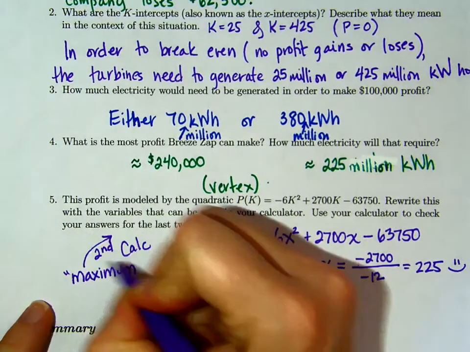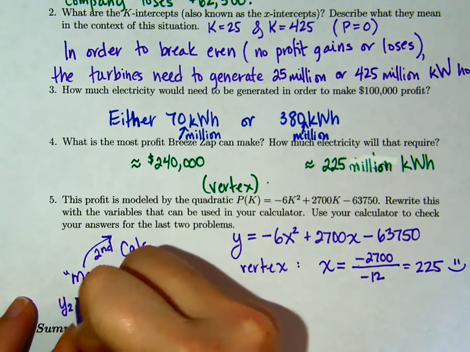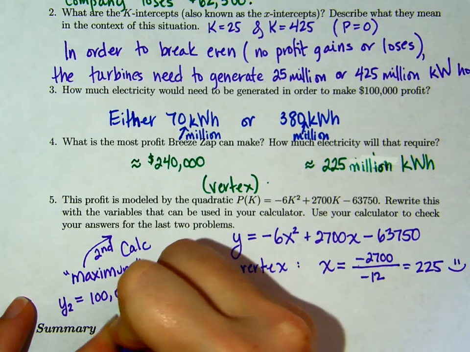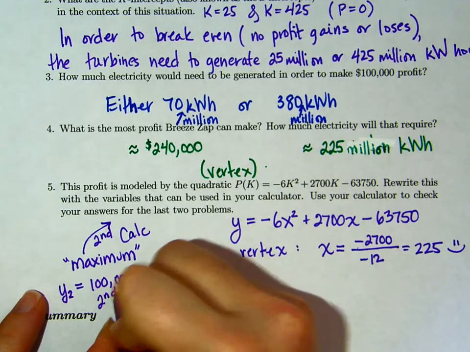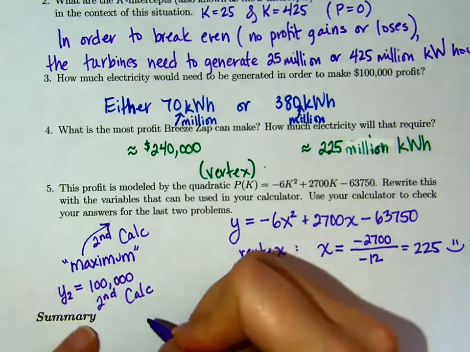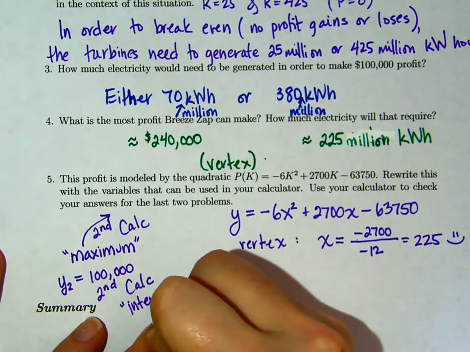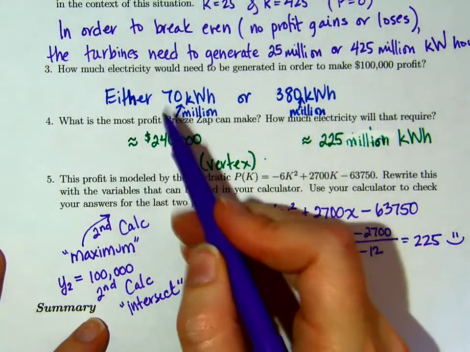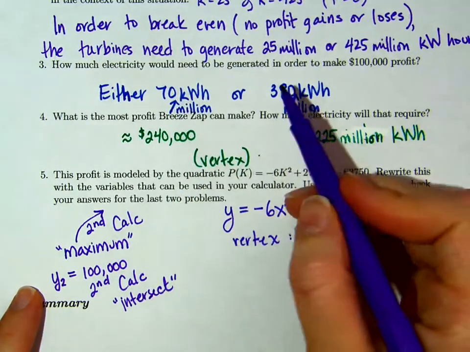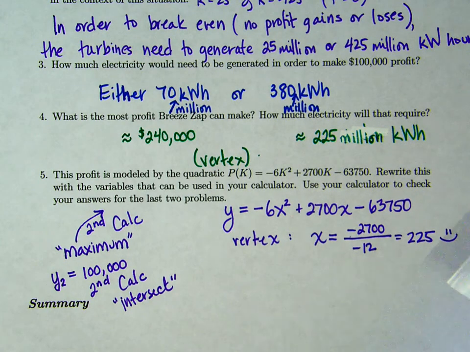We went to maximum, and we put in Y2 as 100 grand, and we went second calc and used intersect. Yeah, we were pretty close. 72.25 and 377.75. You know, pretty good guesses based on a graph at that scale.